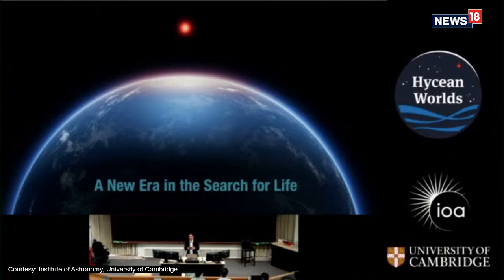JWST is the hero. The thousands of people who have spent their lives in making that machine are the heroes in making this current state that we're in. And I personally think we should celebrate it as inhabitants of this planet, as a collective society, that we actually have the capability to look at life elsewhere.